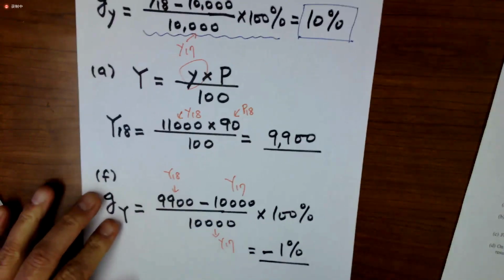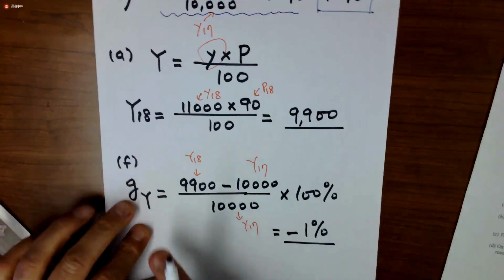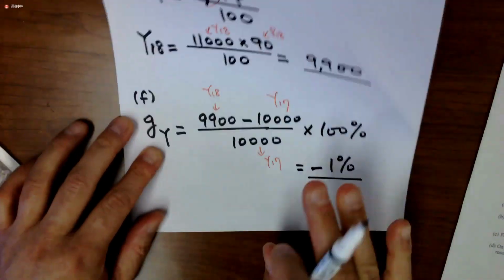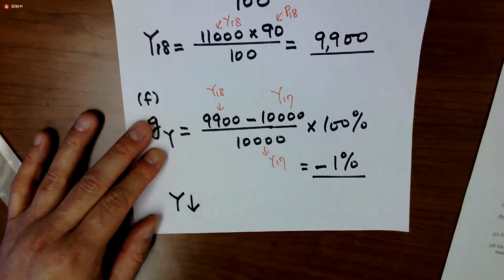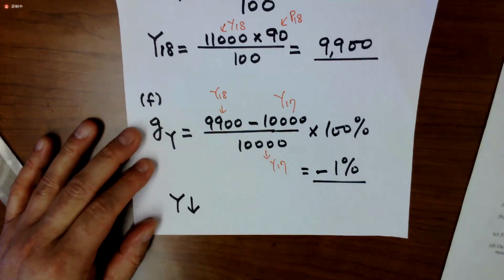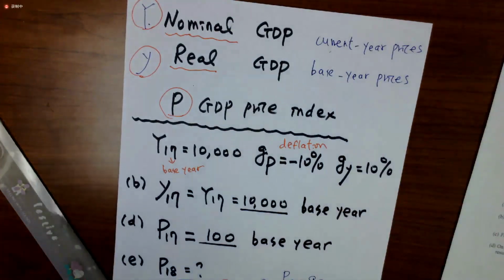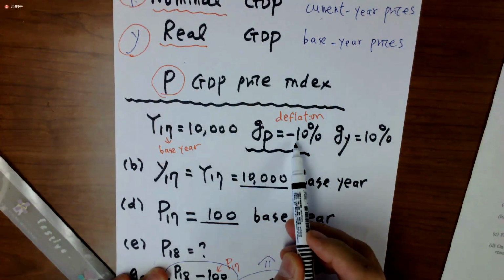Okay. And before we continue, I want you to pay close attention to this problem. This is the problem that tells us that the nominal GDP growth rate is a negative number, correct? Say yes? Yeah. Good. So this is telling us that in this economy, nominal GDP actually is going down, right? Yeah. Good. And at the same time, the question also tells us that the growth rate of price indexes is also a negative number.